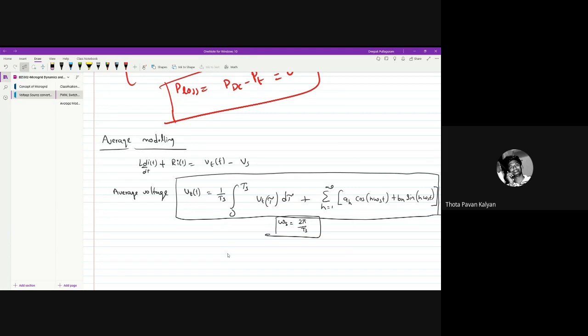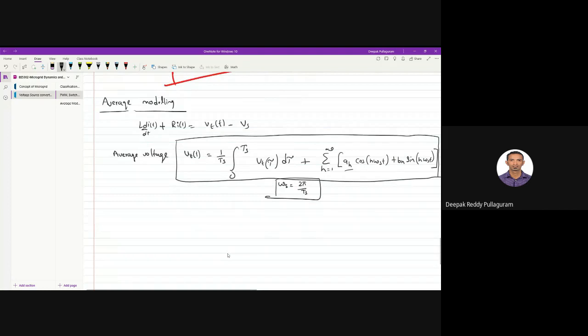The a_h and b_h values are not constants, they are harmonic order coefficients. Like, it decides what the magnitude of each harmonic is, isn't it? So a_h comes as 2 by T_s.